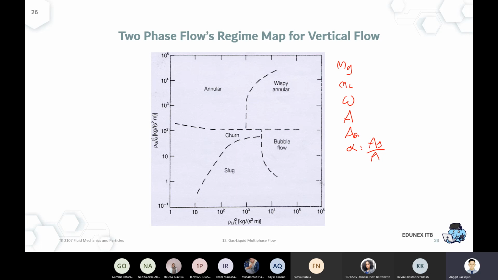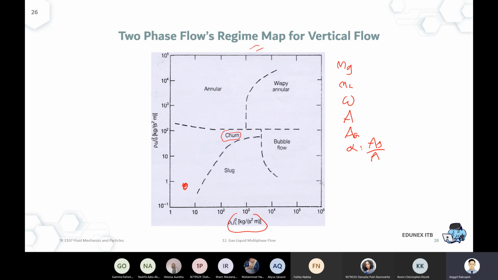Now we are able to plot it into the regimes map. So now you can imagine, if I have this kilogram per square meter of liquid, that's the superficial flux velocity of a liquid. I have a small liquid and a small gas, then I will have a churn condition, churn regime.